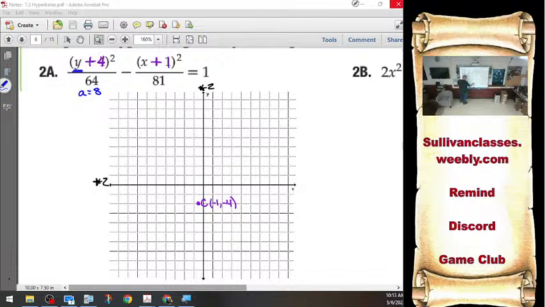I'll head down 2, 4, 6, 8 for a vertex at -1, -12. I'll head up 1, 2, 3, 4 times 2 is 8. I have a vertex at -1, +4.